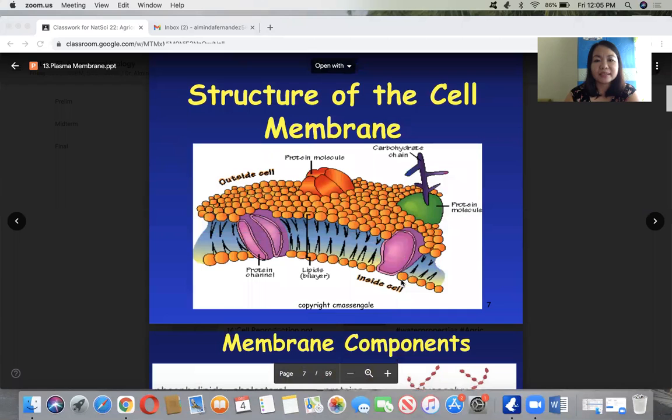Again, this was the structure of the cell membrane, which consists of the protein molecule, the carbohydrate chain, the lipid bilayer, and the protein channel.